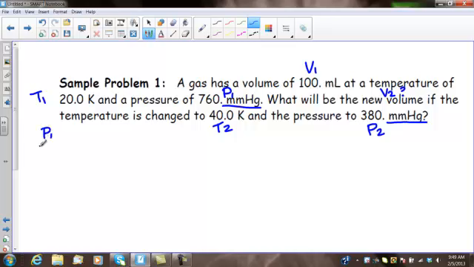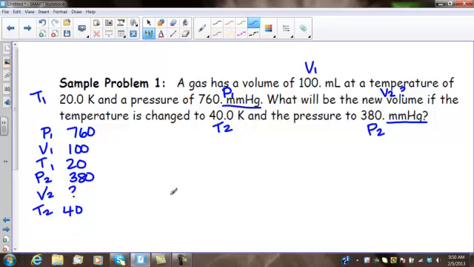So let's write down all of our variables on the side here so that it's easy to see. My P1 was 760, my V1 was 100 mL, my T1 20 K, my P2 was 380, my V2 is what I'm trying to find, and my T2 is 40 K.